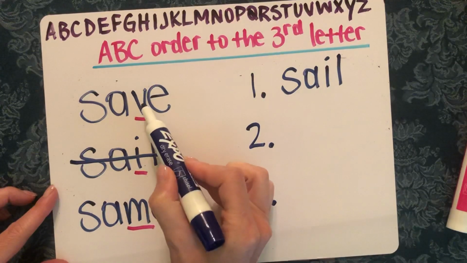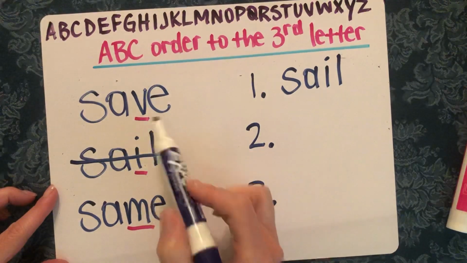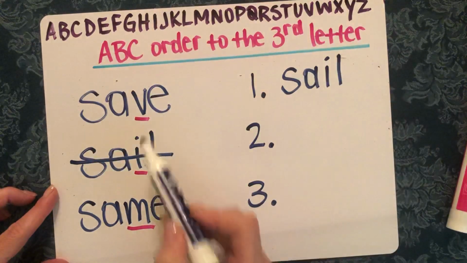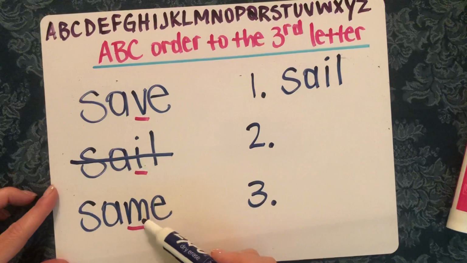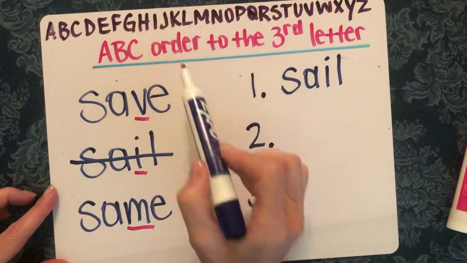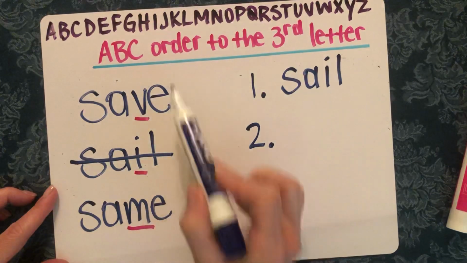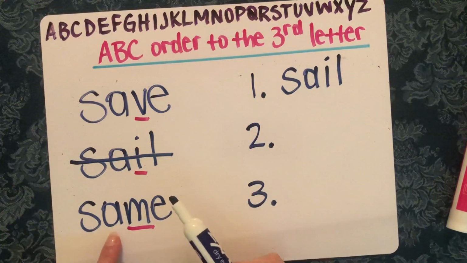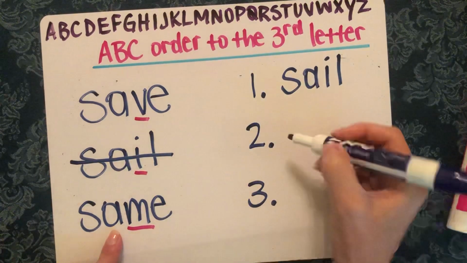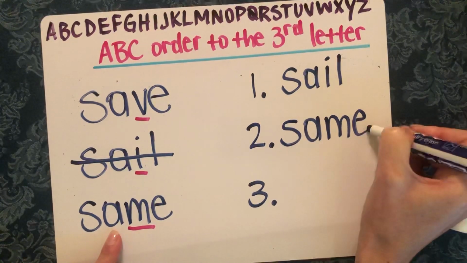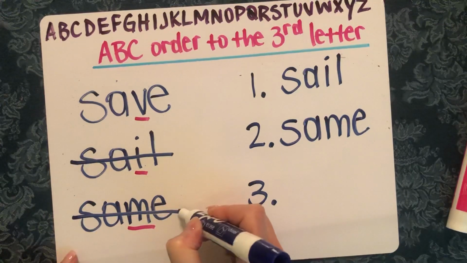Now let's look to our next third letter. Which of these third letters comes next in ABC order? Is it V or is it M? Look to your alphabet line. Which letter comes next in ABC order? V or M? M comes next in ABC order. So our next word for ABC order would be same. I'm going to write same, and cross it out.